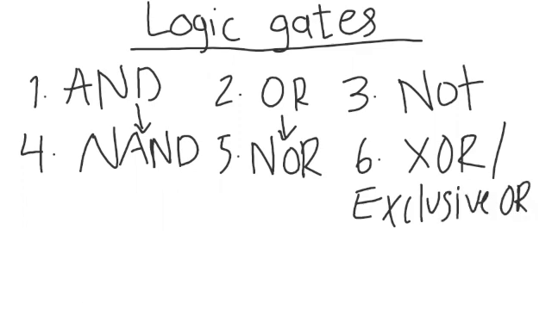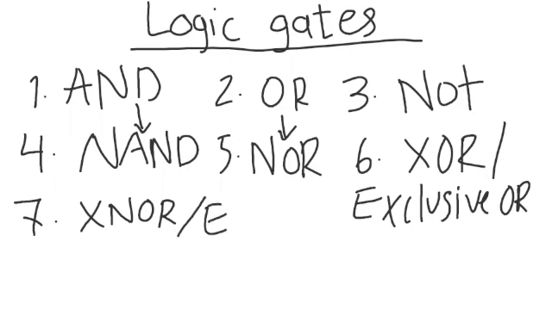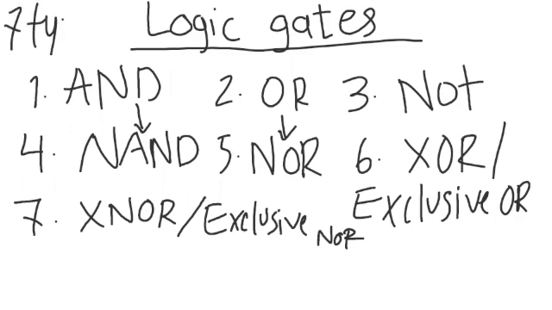And the last one is the XNOR gate, which is called exclusive NOR. So those are the 7 types of logic gates.